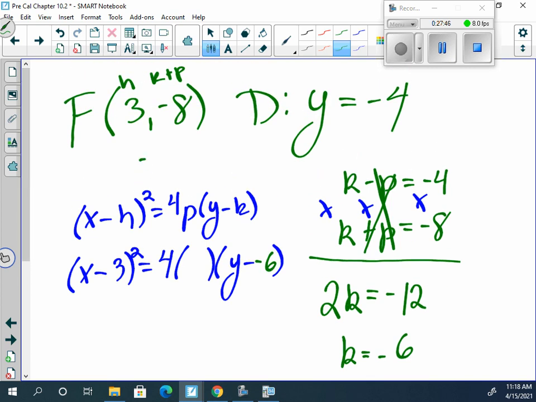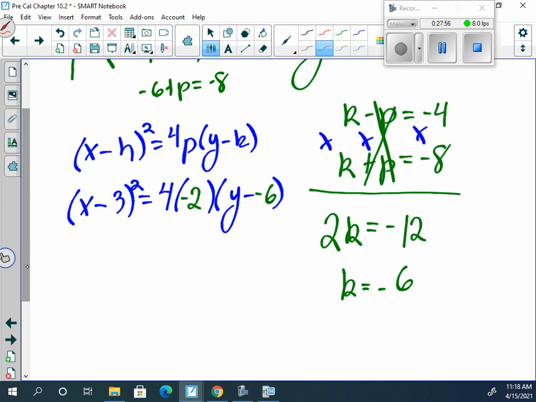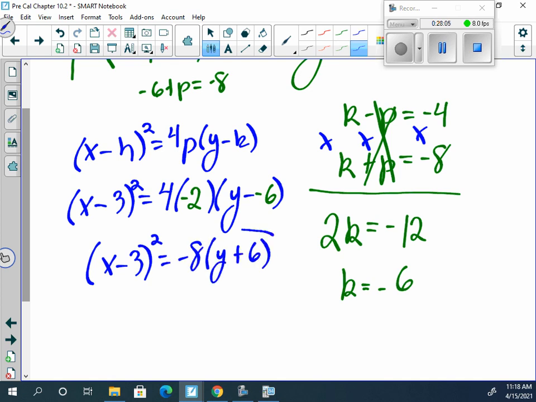So up here we have negative 6 plus p equals negative 8. So we'd have (x minus 3) squared equals negative 8 times (y plus 6). And we'd leave it at this here. We don't have to multiply through by the negative 8 and try to get y by itself.